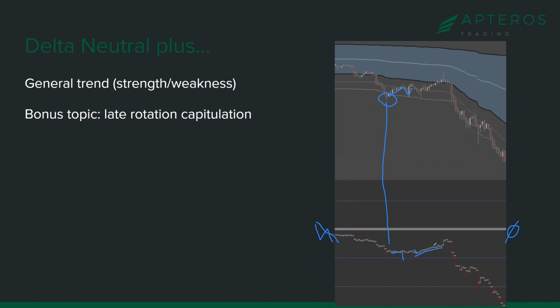And then where do buyers get really aggressive? Late in this move right here, which corresponds with this wick. You very well may have been short here. You may stop out here.